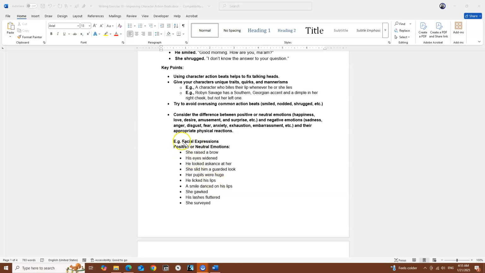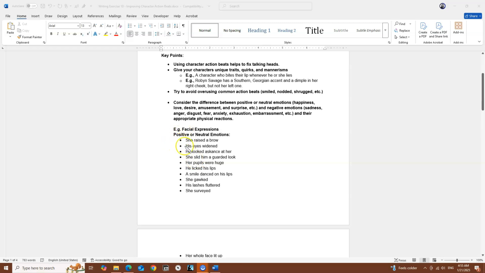But she talks about different types of ways to express characters' actions, and the first I think was facial expressions, positive or neutral emotions. And this is just a list of some examples that one could use for positive or neutral emotions.